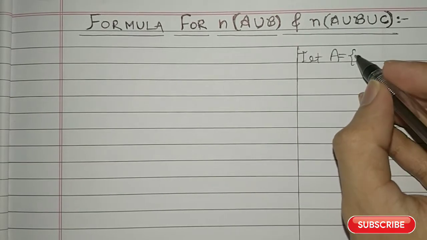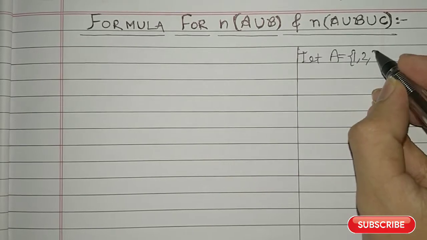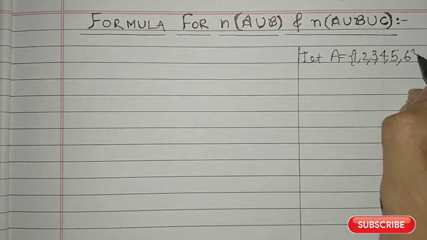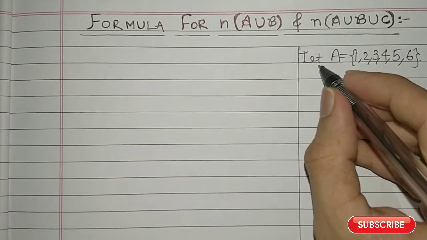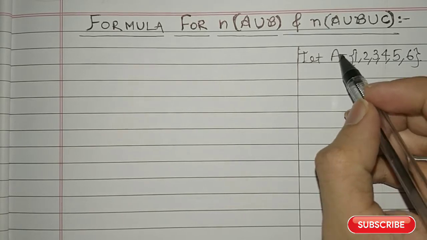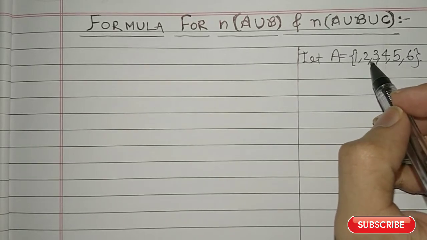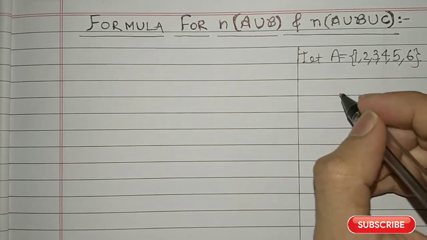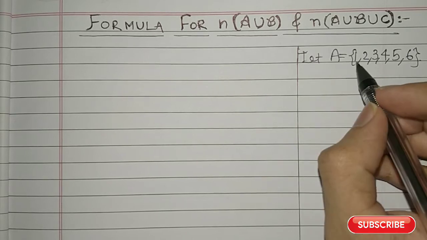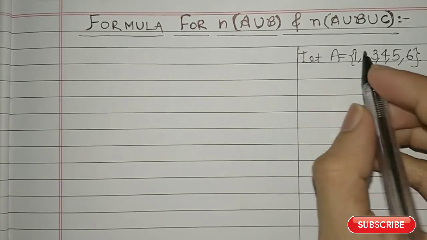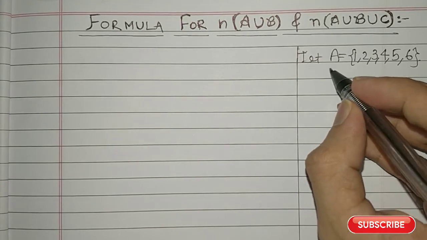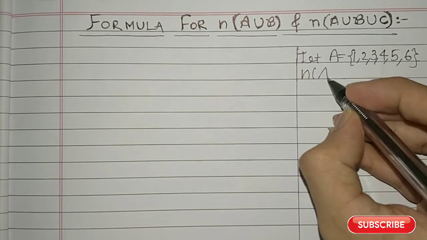Let A be equal to {1, 2, 3, 4, 5, 6}. If you have this set, you can see that there are 6 elements in this set, right? 1 2 3 4 5 6. Now we denote the number of elements in the set A as n(A).